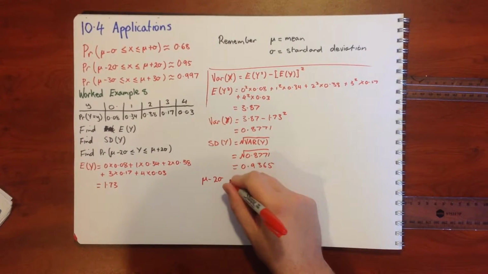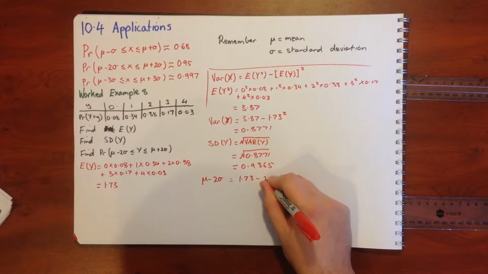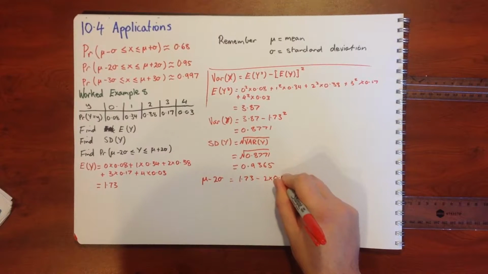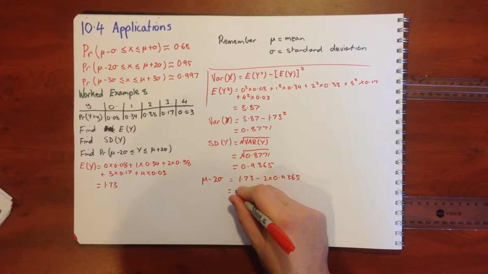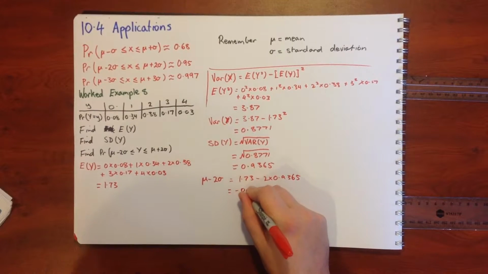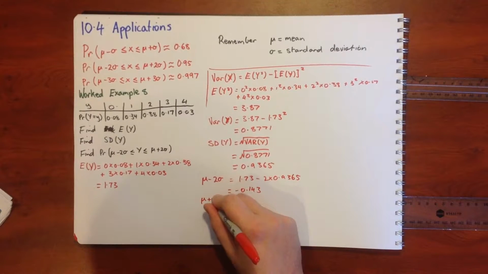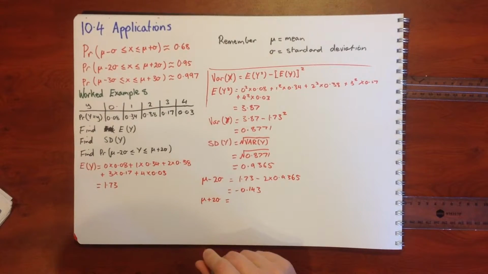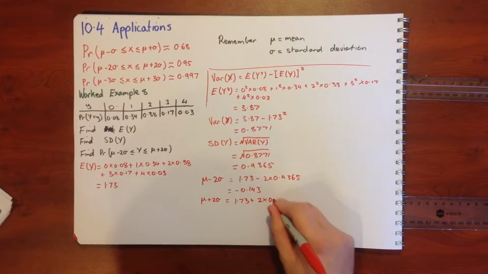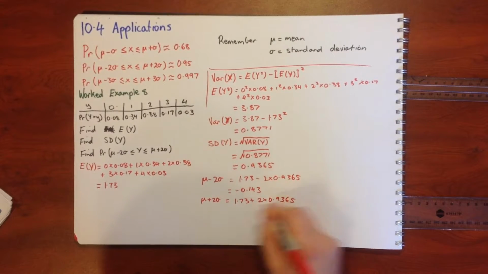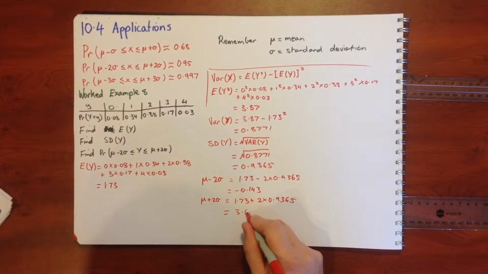So this is 1.73 minus 2 times 0.9365, which gives us negative 0.143. And mu plus 2 standard deviations is 1.73 plus 2 times 0.9365, which gives a value of 3.603.